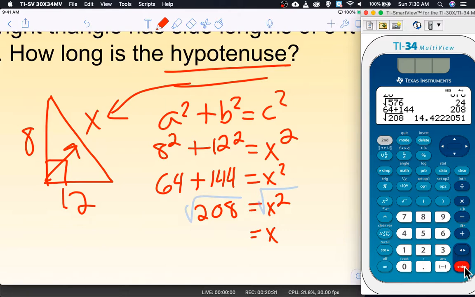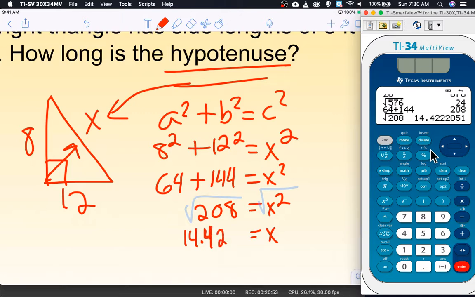Okay, so this is the first time we've got kind of a randomish looking answer. It's an irrational number. Remember that word from before, irrational. When you take the square root and you do not get a nice perfect answer, it's irrational. So we got an irrational answer of 14.422.